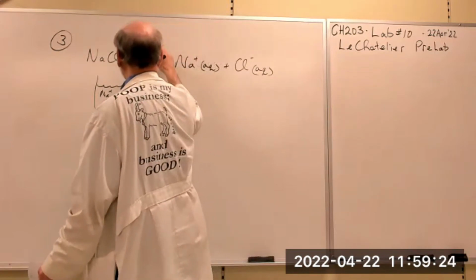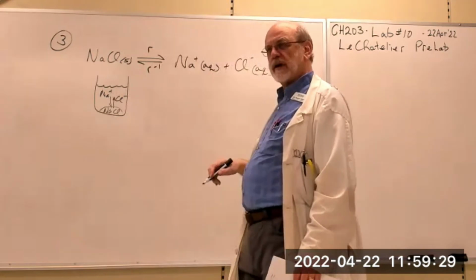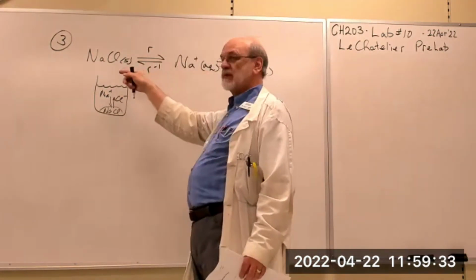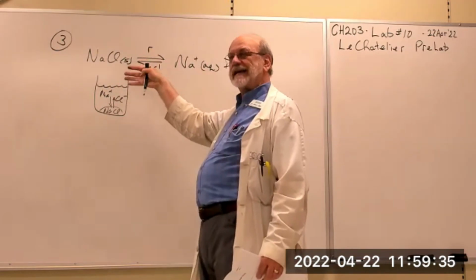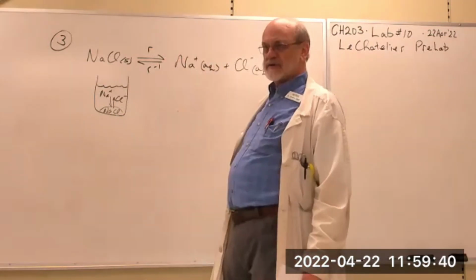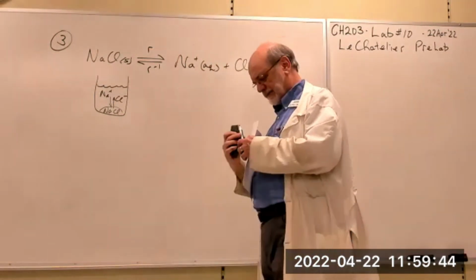So the rate of this one is equal to the rate of that one. The forward rate and the reverse rate, dissolution and precipitation, are exactly equal in rates, in speed. That establishes equilibrium. I should have said that at the beginning.